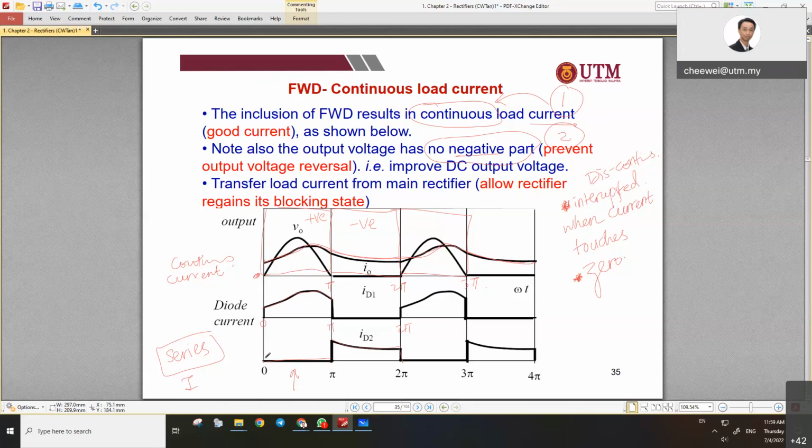If you draw the dotted line, it is actually the same as I out. So that is the I out reference. We just split it into chunks: the positive half cycle for D1, the negative half cycle for D2, individually. If we combine ID1 and ID2, we get the I out.